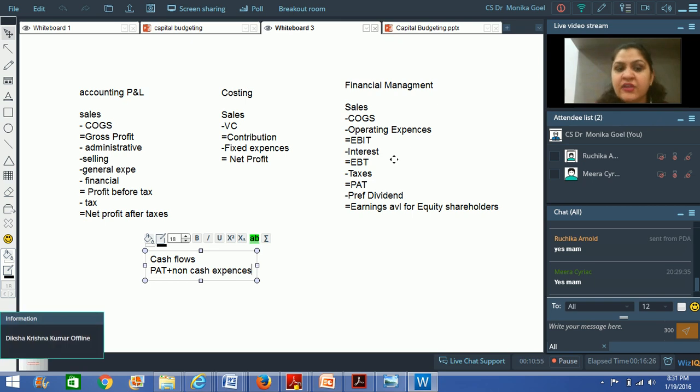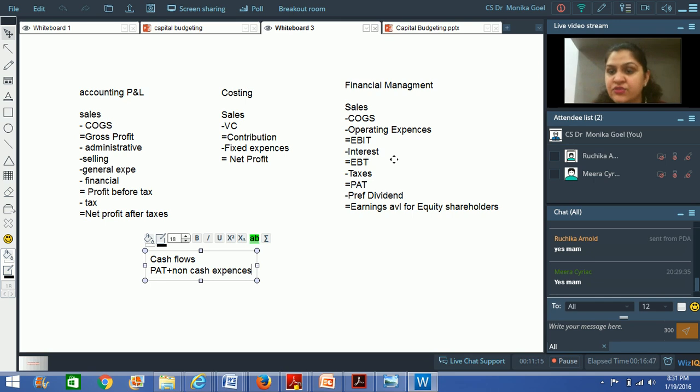So my analysis as a manager of finance starts from EBIT. In order to find out cash flows, I add back, in general, non-cash expenses to the EBIT figure, earnings before interest and taxes. So what do I get? I get the cash flows coming from a business.